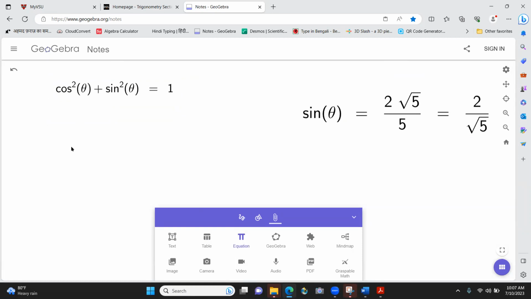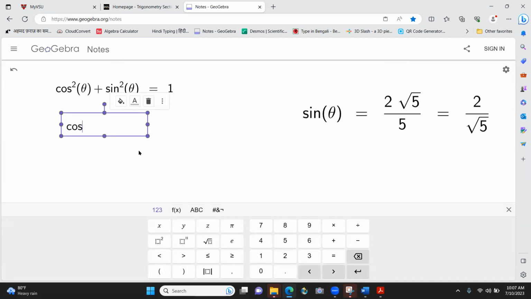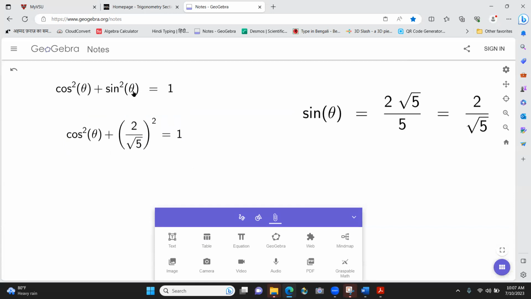Now here, I'm going to write cosine square theta plus, instead of sine square theta, I'm going to write 2 over this. Why? Because sine theta is 2 over square root of 5, I square it.